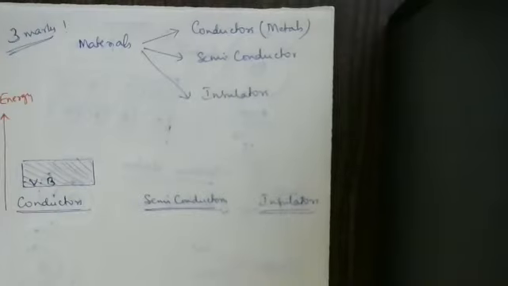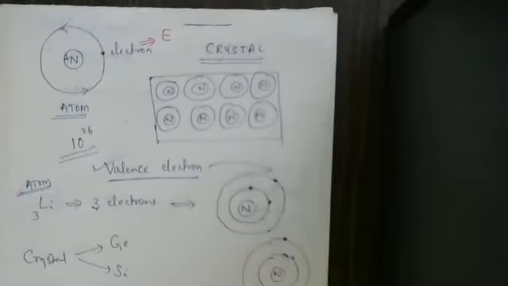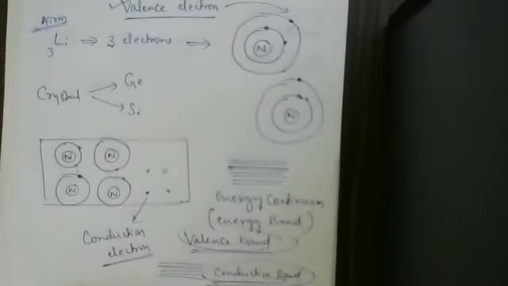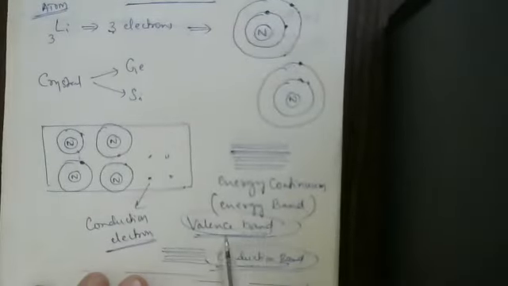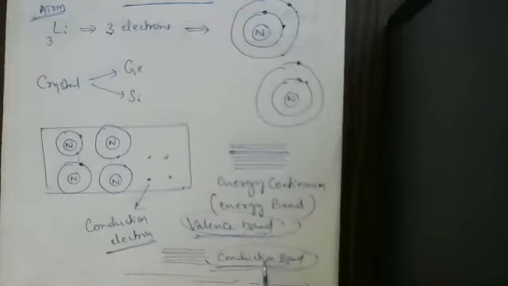I told you here a little bit of changes I am going to do for the conductors. I told you the energy band can be divided into two categories: one is the valence band, the other one is the conduction band. Valence band energy is less, conduction band energy is more.